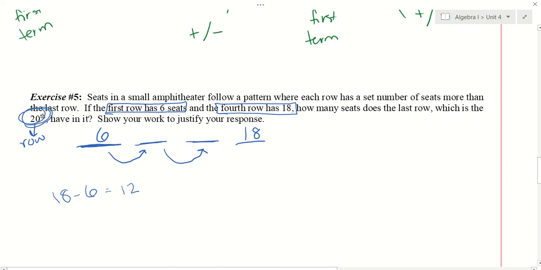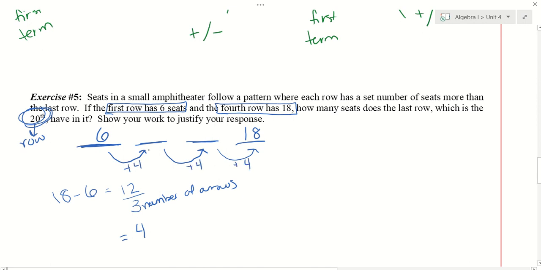Okay. How many times am I drawing my arrows? 1, 2, 3. Divide 12 by 3. So that's the number of arrows. What does that give me? 12 divided by 3 is 4. That is what I'm adding by.